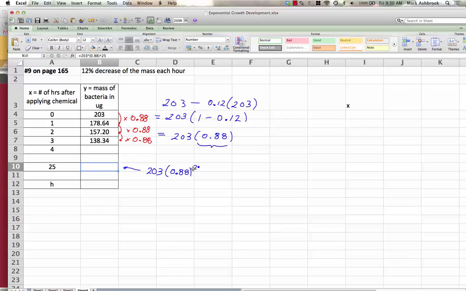And what does that mean, 0.88 to the 25th power? Just what does it mean? What is that representing? How does it relate to the way that the bacteria is decreasing?